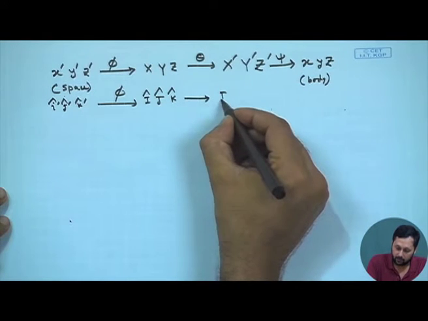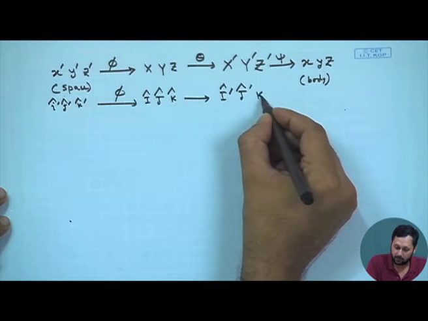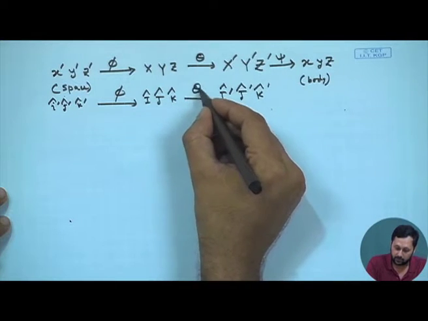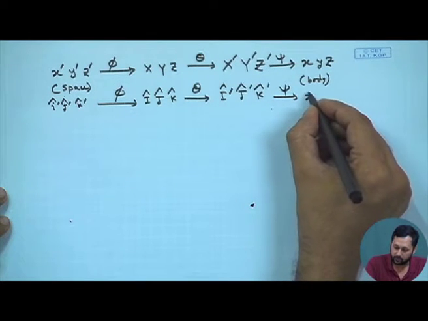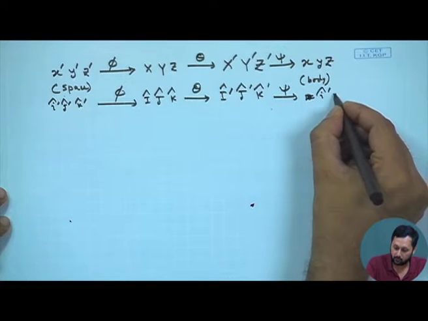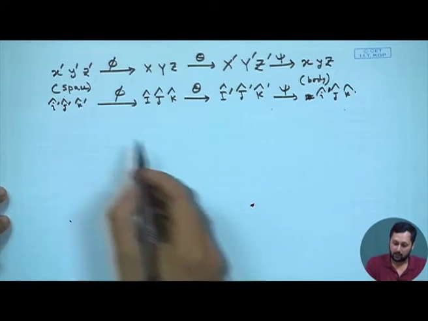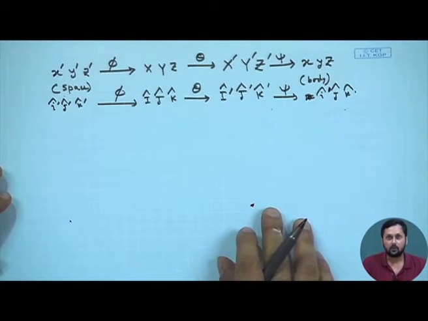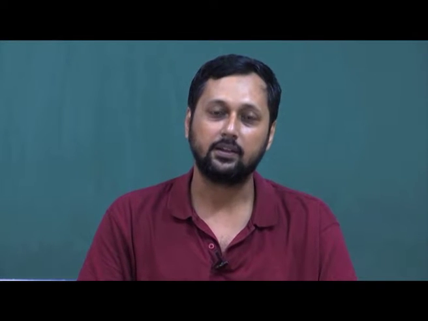Then we have capital I prime, capital J prime and capital K prime for the next theta rotation, and for the final psi rotation we have small i, small j, small k. As I said already, each of these coordinate transformations can be expressed in terms of a rotation. So, essentially we can link up these sets of coordinates by some rotational transformation matrix.